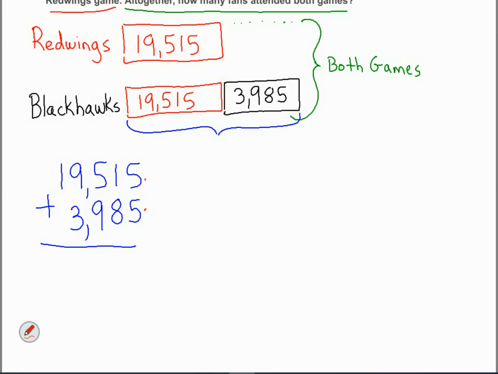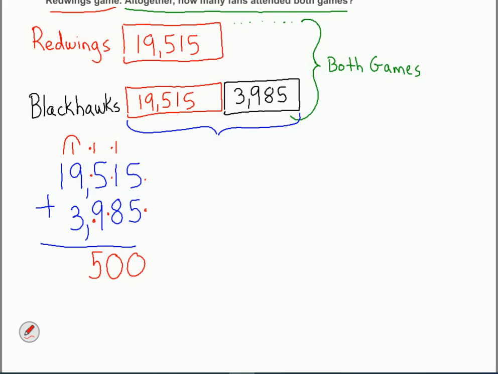All right, 5 and 5. I know that's 10, and I'm going to bundle 1 and bring it over to the tens place. And I have 1 and another 1 and an 8. Together that's 10. And I'm going to bundle that and bring that over there. And right away I notice I have a 1 here and a 9 here, so that's 10 plus the 5, that's 15. So the 5 stays there, and the 1 gets brought over and bundled to the thousands place.